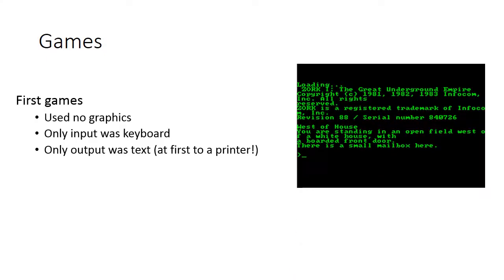Here's an early one, Zork 1. Okay, and you can see, you're west of the house, you're standing in an open field, there is a small mailbox here, and you would type in open mailbox, and it would come back and say you've opened the mailbox, and that would be the interactivity, okay? And so you had to use your imagination.